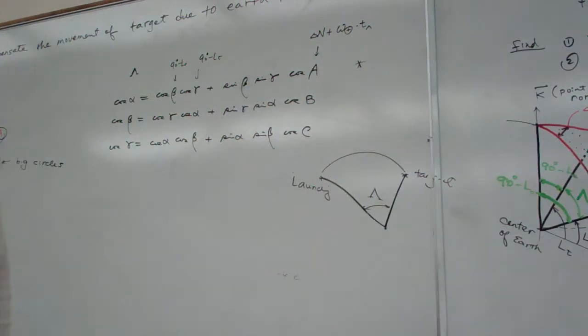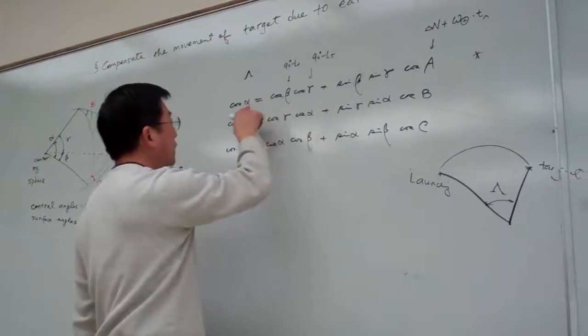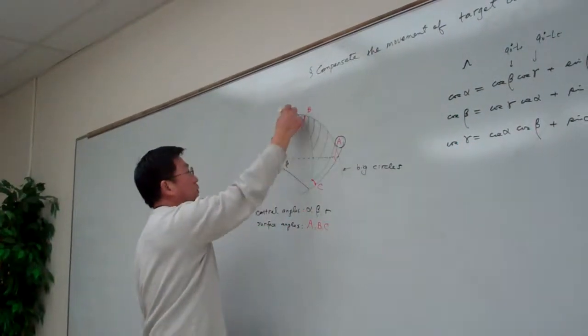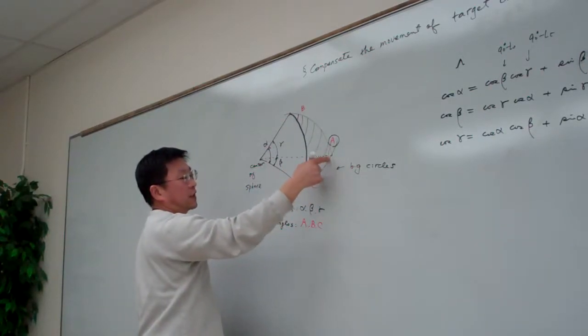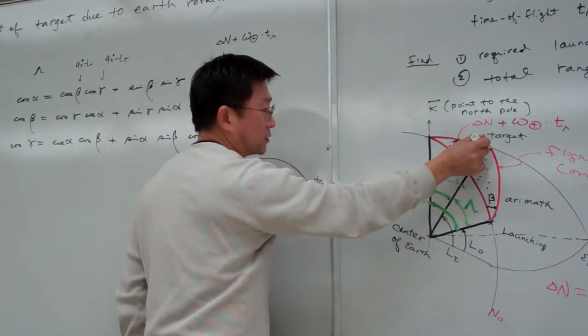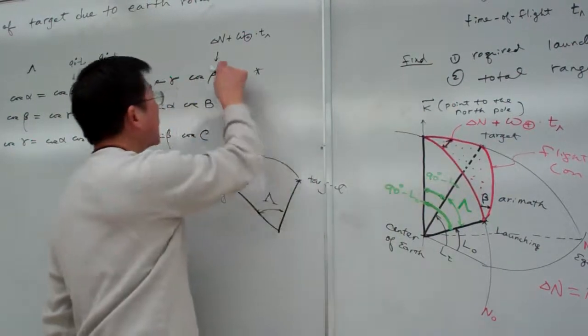Are we good? One more time. Using these equations, we have designated lambda and alpha. So alpha corresponds to this edge, and this edge corresponds to the surface angle. The same thing here: this lambda has a corresponding edge, and this edge corresponds to this surface angle, that is this angle here.